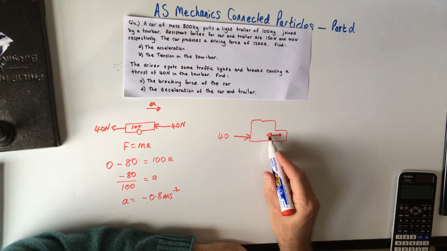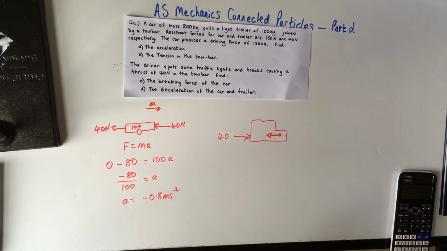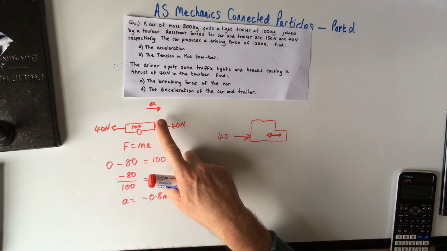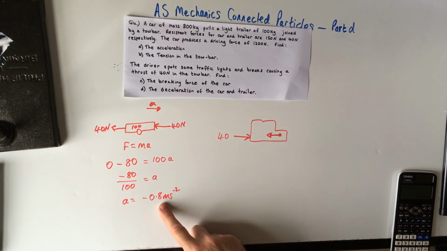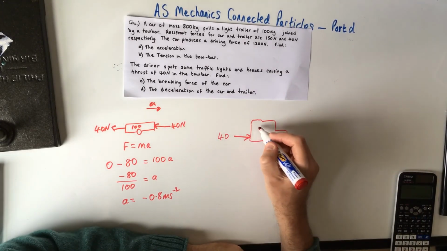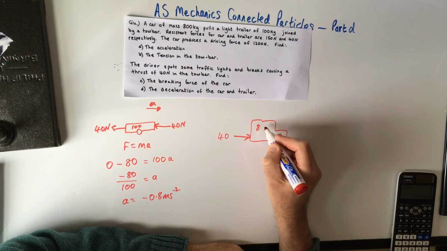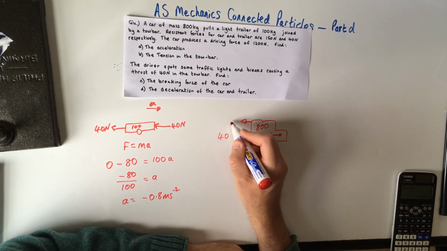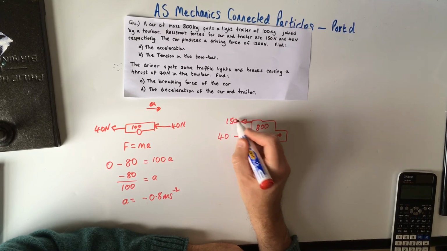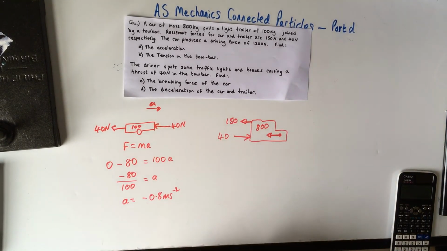Okay, so that's the braking force of the engine, and that braking force is creating a deceleration of minus 0.8. So this is 800, and there's resistant forces still, so there's 150 newtons going that way. So there we go.